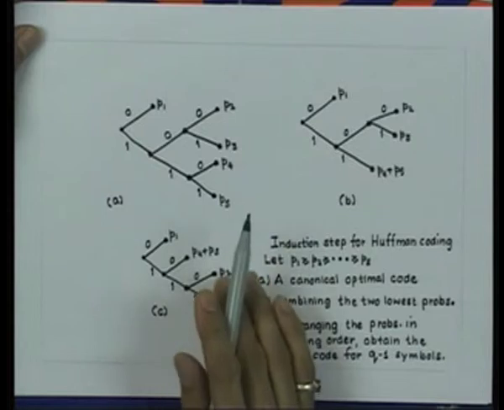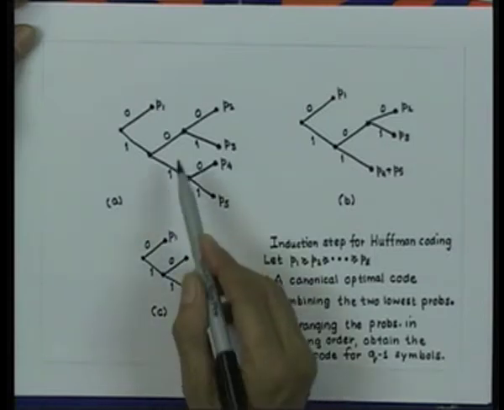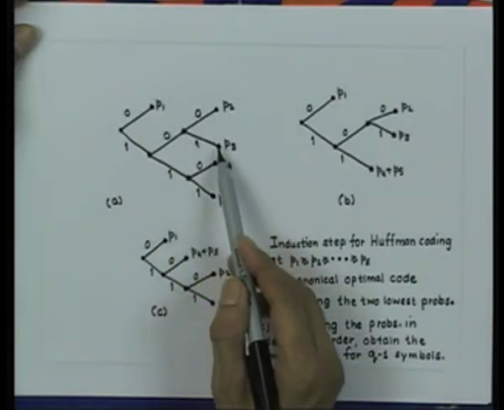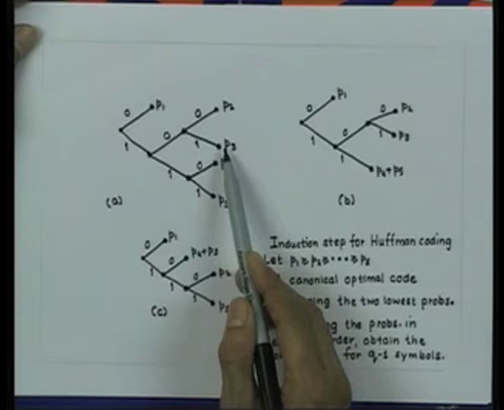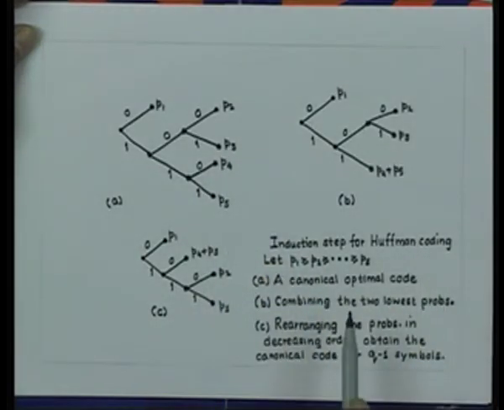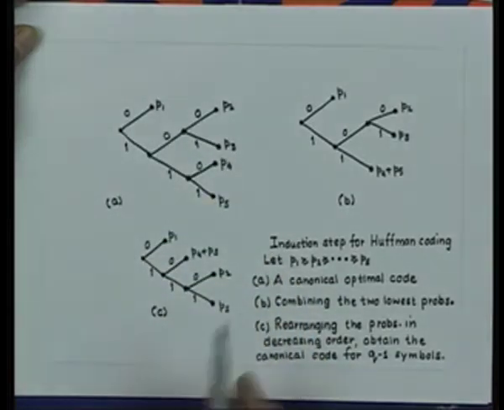Now, the same thing can be depicted in the form of a tree, and this would look something like this. Here, let us assume that at some stage in the Huffman coding, we have 5 symbols corresponding to an alphabet, and we presume that P1, P2, P3, P4, P5 have been arranged in descending order. So, this is a canonical optimal code.